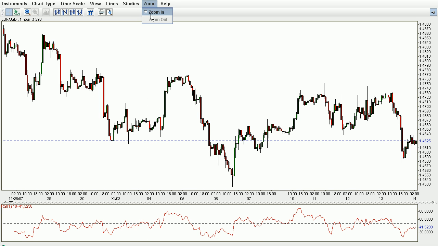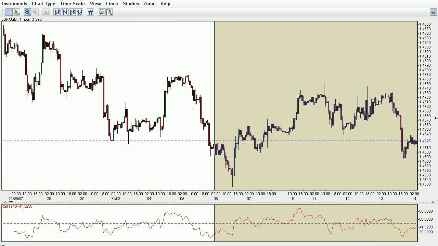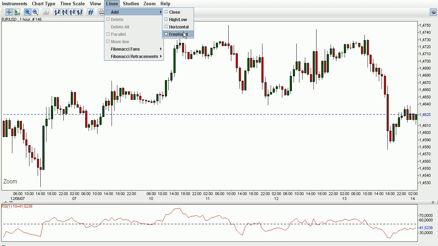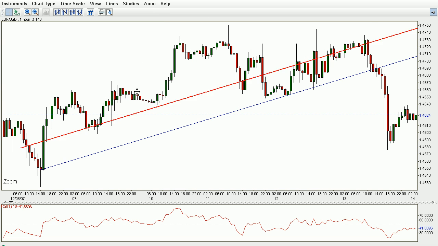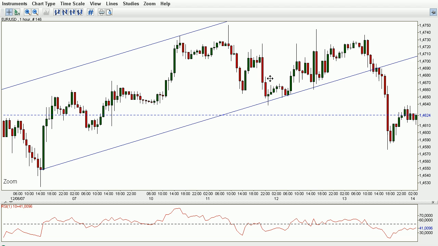First of all, if you let me zoom this part here, you can see that we have a break of an important trend line, which was at the same time a part of a trading channel, or this channel here in which our currency is trading.